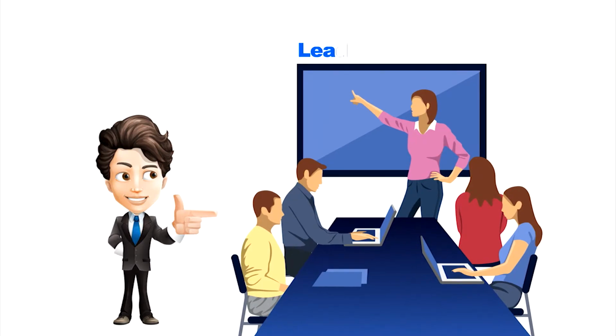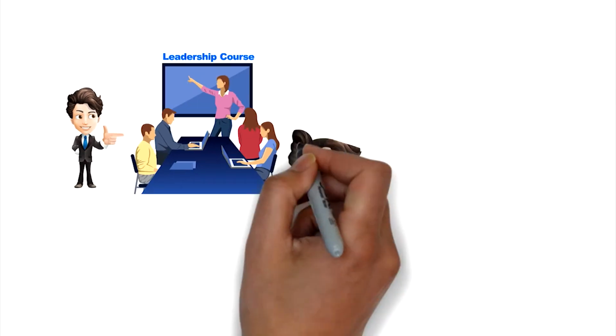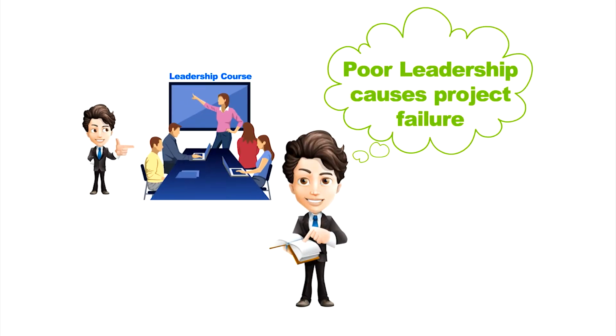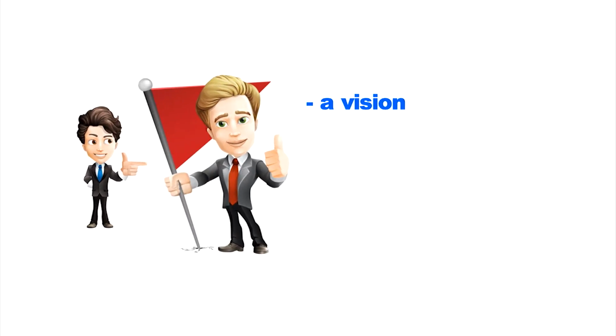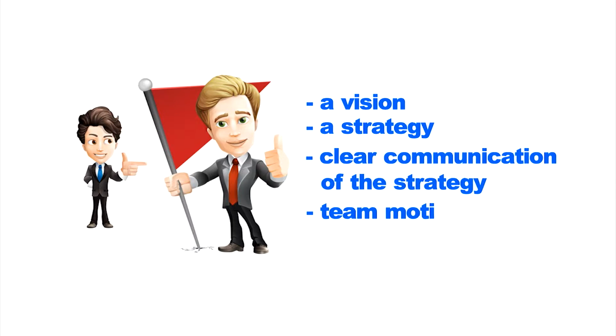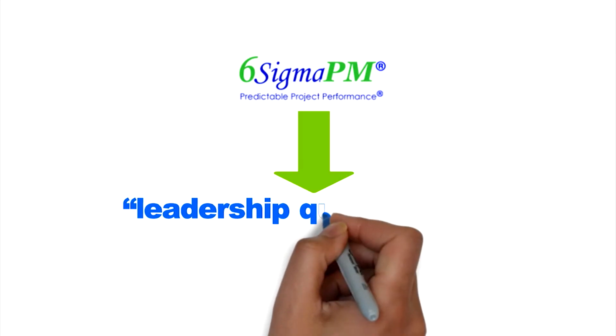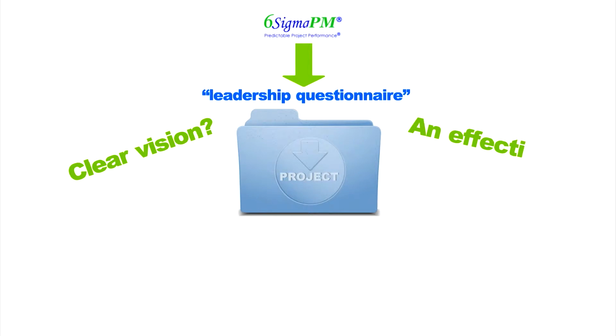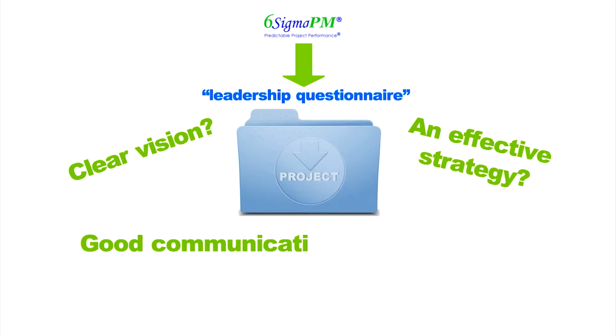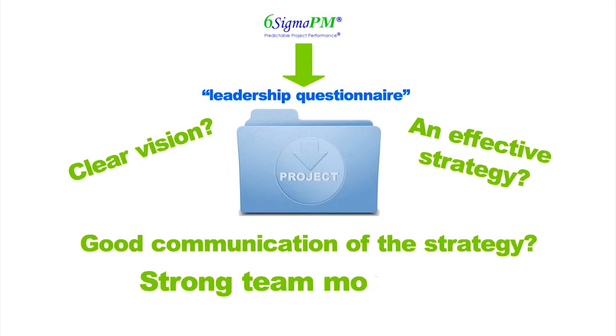For example, Patrick recently attended a leadership course where he learned that poor leadership is another known cause of project failure. He also learned that effective leadership requires a vision, a strategy, clear communication of the strategy, and team motivation. Similarly, 6 Sigma PM includes a leadership questionnaire that determines whether a project has a clear vision, an effective strategy, good communication of the strategy, and strong team motivation.